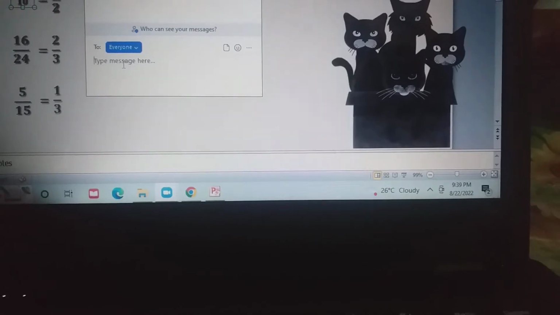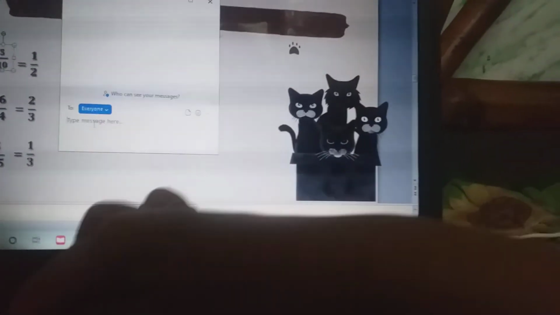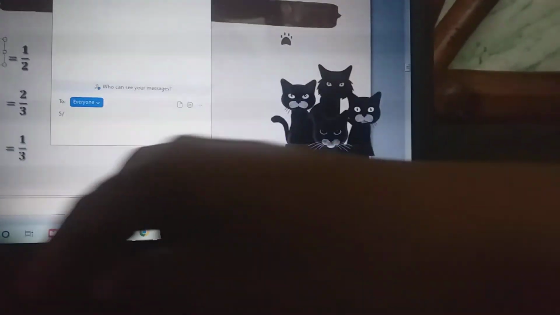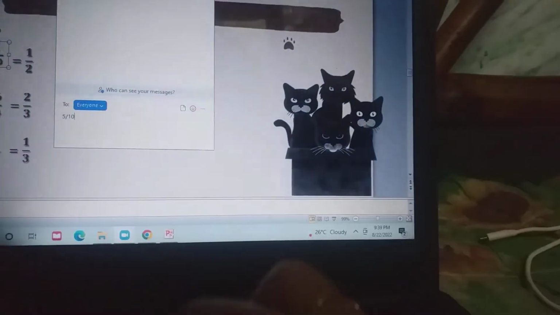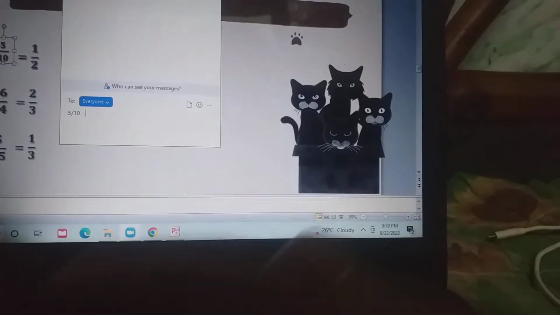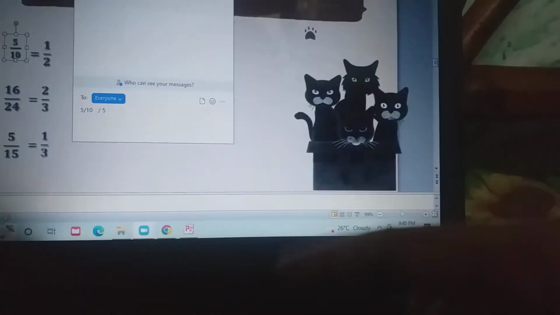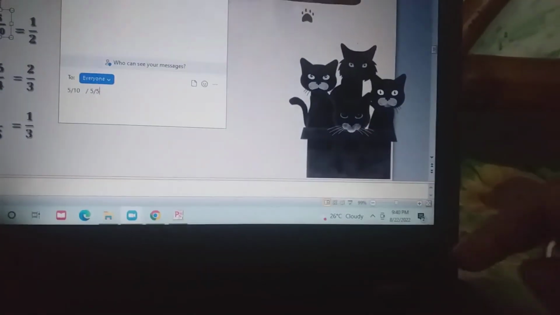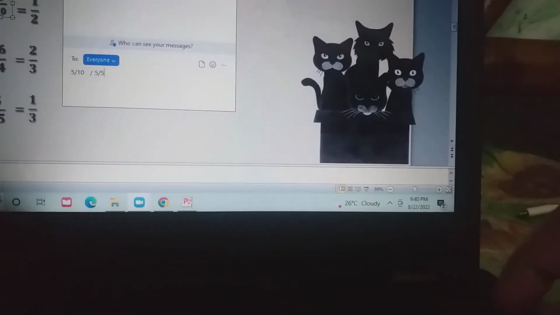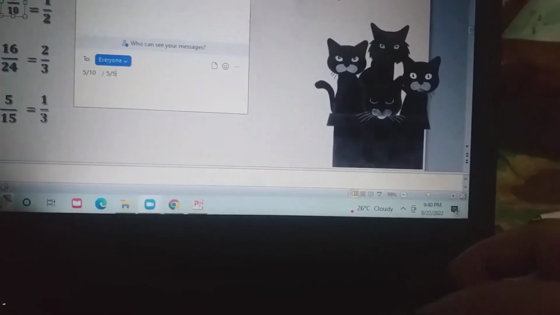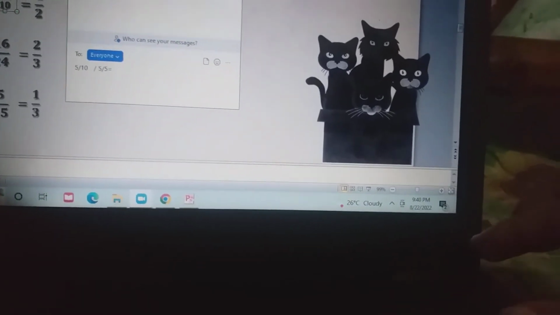Okay. So, I will type 5 over 10 is divisible. So, divided by 5 over 5. So, where did I get this 5 over 5? Ang 5 over 5 po, yan ang GCF.